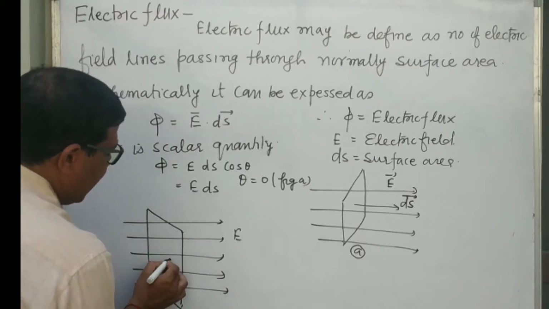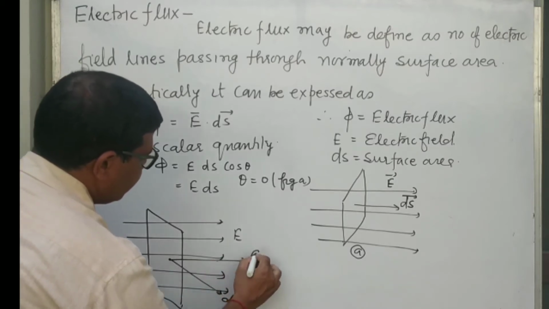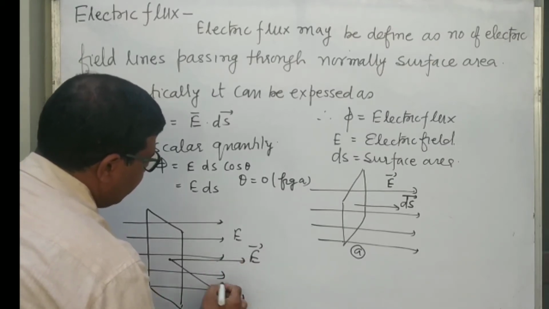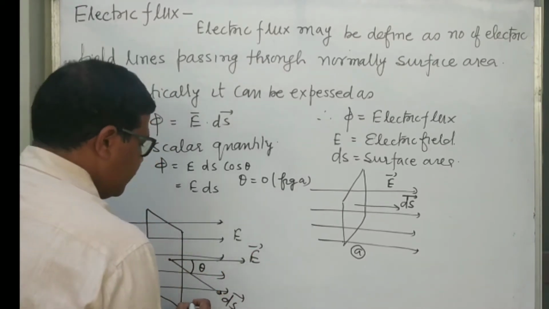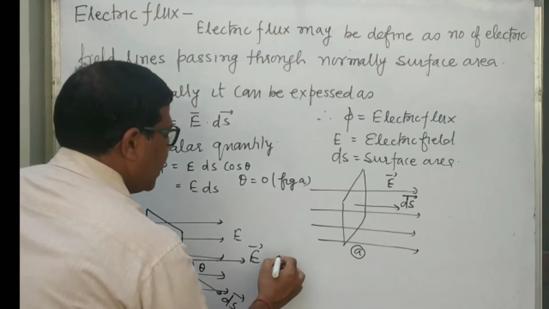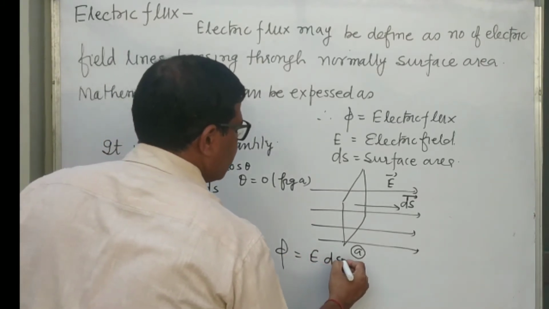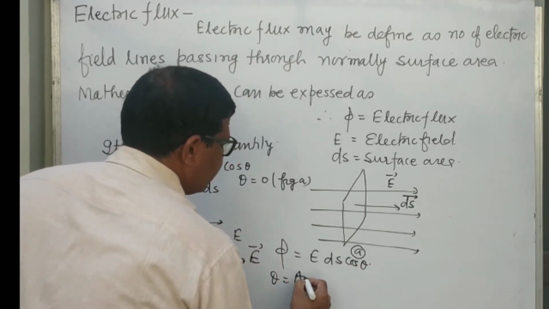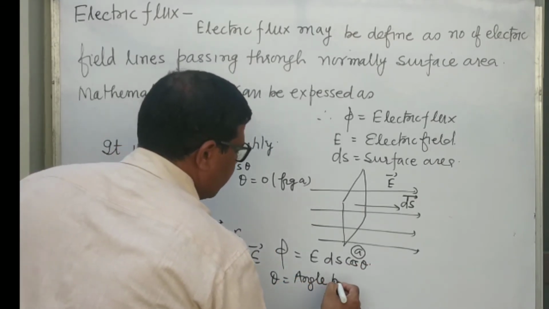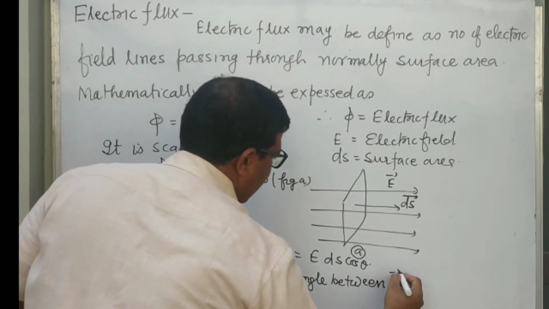Now its areal vector will be ds and this is E. Now the angle between E and ds is theta. In such position, the electric flux phi is equal to E ds cos theta. Here theta is the angle between E and ds.